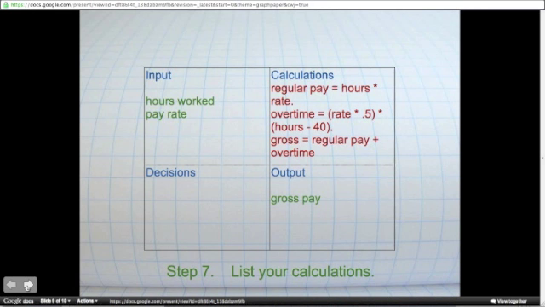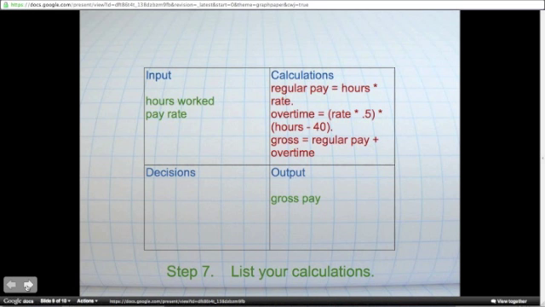The next step is to subtract 40 from the hours worked. This gives us our overtime hours. Then we multiply the overtime premium rate times the overtime hours, and we store it into our overtime premium, which I've shortened here to just overtime.